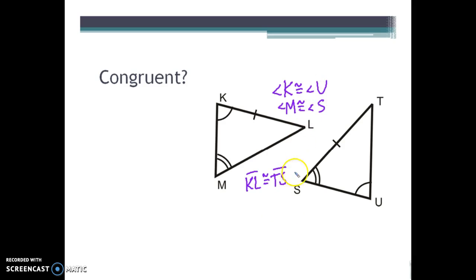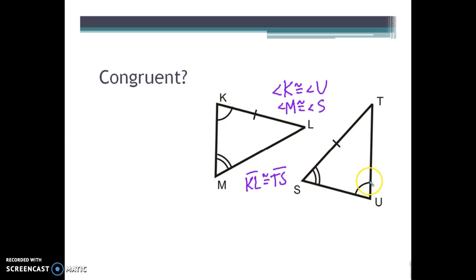So I've got two angles and a side, and this side is not included because it's only touching one angle in both triangles. But I've come to a problem. In this triangle, KL is touching angle K, which has the one curve. And in this triangle, TS is touching angle S, which has the two curves. Angle K and angle S are not congruent.